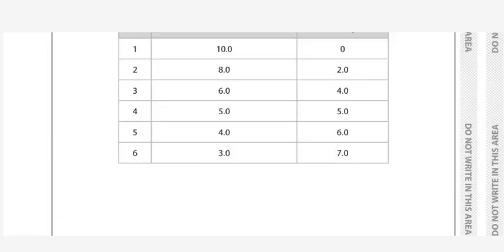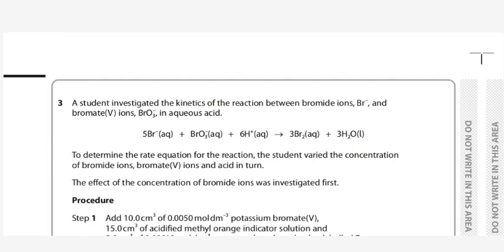That's question 2. A student investigated the kinetics of the reaction between bromide ions and bromate ions in aqueous acid. Determine the rate equation for the reaction. The student varied the concentration of bromide ions, bromate ions and acid in turn.